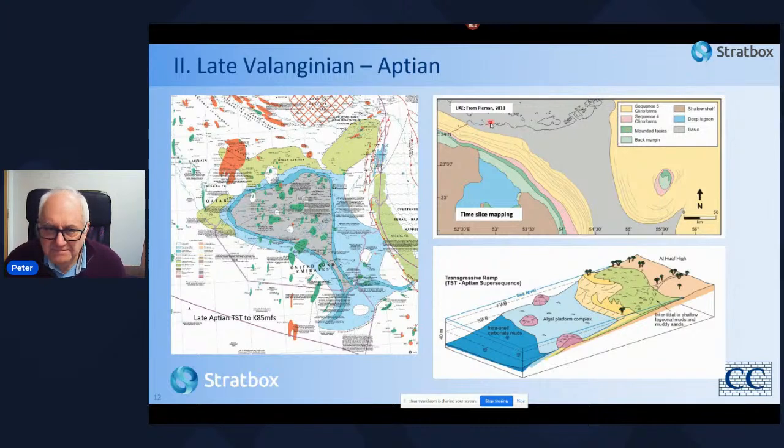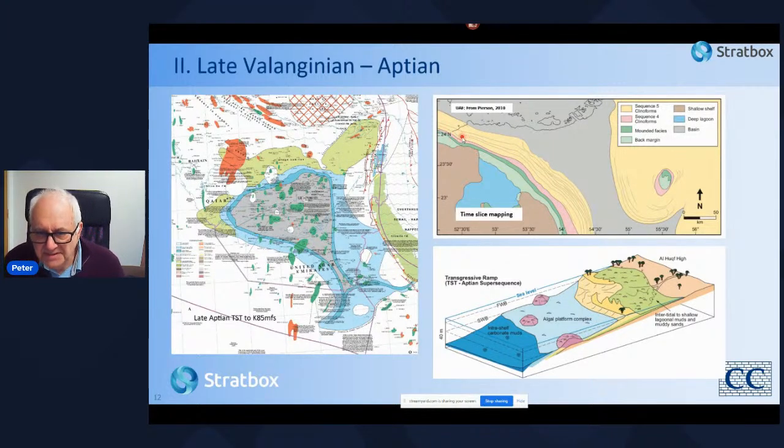This map from Pearson 2010 covers approximately this area here, and this shows in a bit more detail than we're able to show. We're expressing things at a third order systems tracts level, and these third order systems tracts are made of higher order cycles.